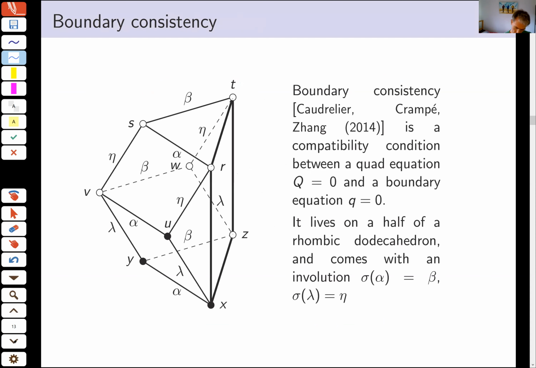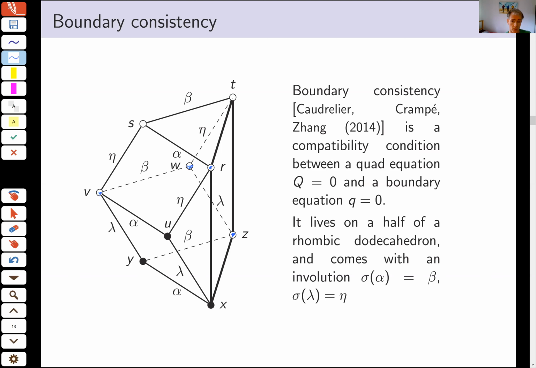For example, on the boundary equation on the bottom face, you can calculate Z. Then you have a quad equation where you can calculate V. At the back, there is a quad equation where we can calculate W. At the front, we have an equation from X and U, we can calculate R.